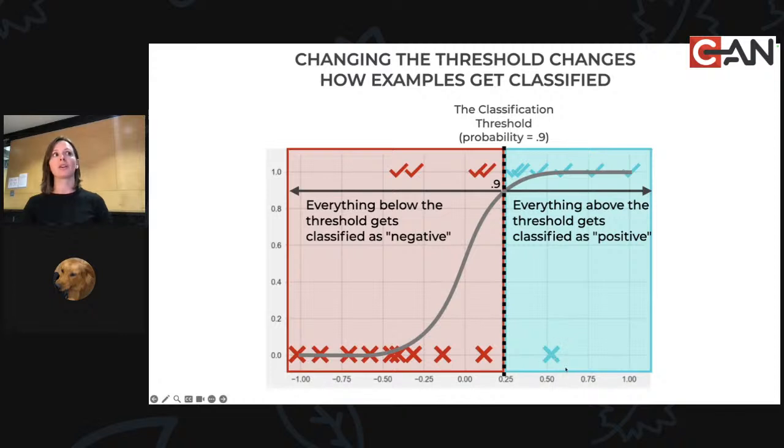So this is something called a false positive, where you say, yep, this person is going to pass the class, and they did not. Everything on this side of the line, remember we said 0.9, so to find that, you find 0.9 on this y-axis, and then you find where that curve meets the x-axis.